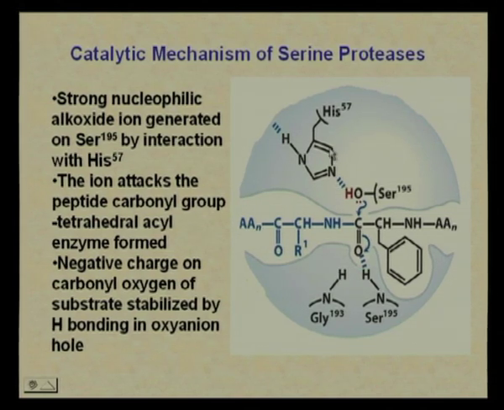What has happened? Histidine has taken up this H. In the event, what has happened is this alkoxide ion that has been generated attacks the carbonyl, which becomes O minus. The O minus is stabilized by the NH groups of glycine 193 and serine 195.